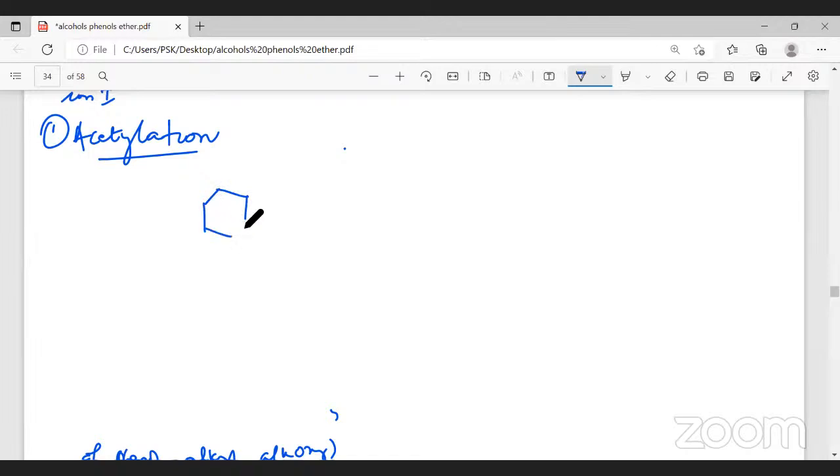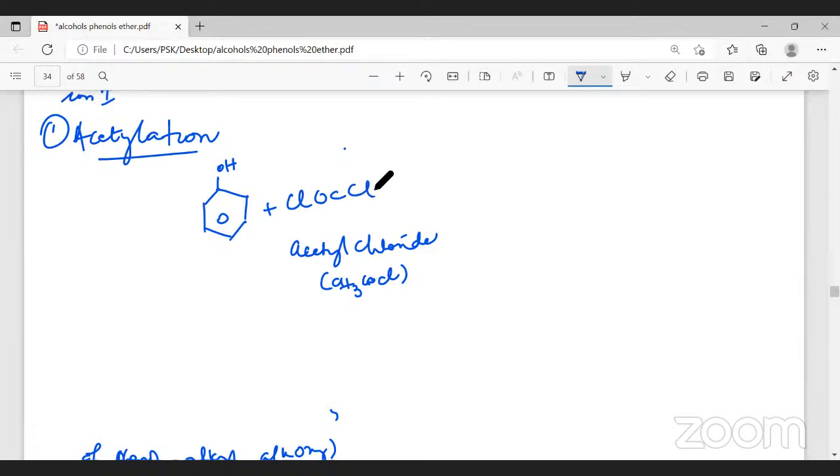When this phenol is allowed to react with acetyl chloride, which has the formula CH3COCl, we will write it like this, ClOCCH3, for understanding in a simple way.